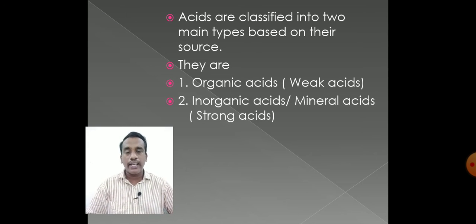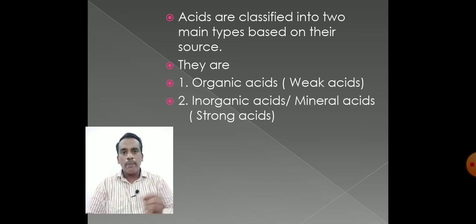The acids in our chemistry lab are called inorganic acids, but the acids that we use regularly in our home, like the lemon juice, citric acid. The lemon juice contains the citric acid. We use lemon juice in preparing various dishes because the lemon also contains hydrocarbon in it.